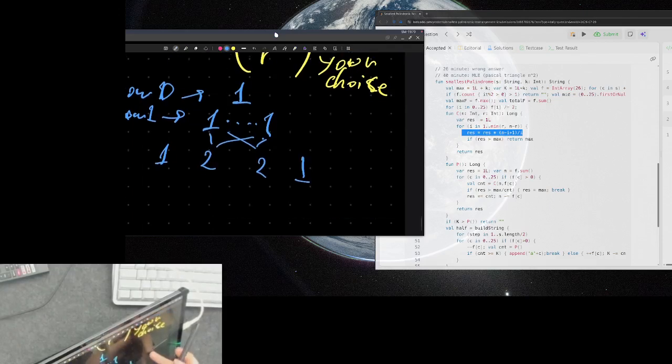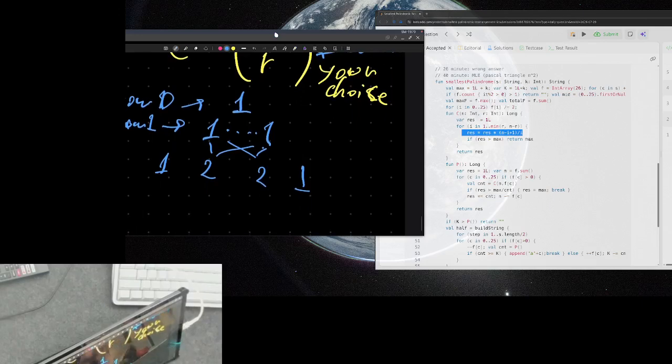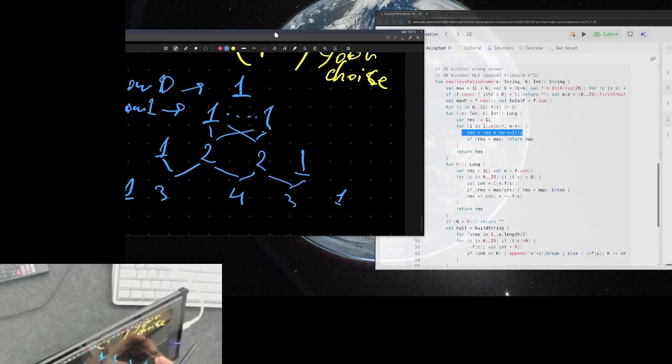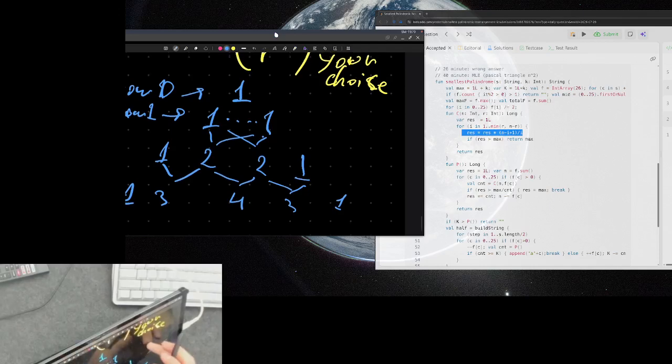This is just a sum, and it continues to be like that. 3, and then we take 4, then we take 3, and then we take 1. I hope I didn't make a mistake.